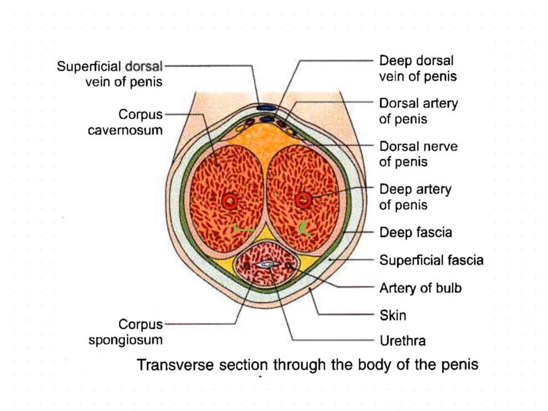Each corpus cavernosum has two fibrous coverings, an outer covering as well as an inner covering. The outer layer is made up of longitudinal fibers and forms a common covering for both corpora cavernosa.